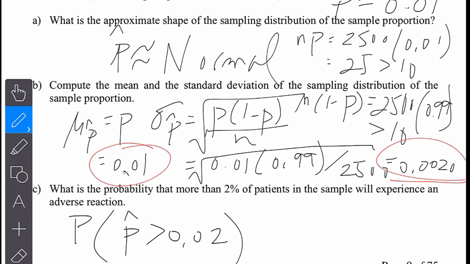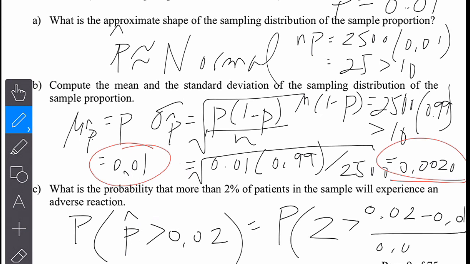So what do I do? I go back to my distribution up here and I use the mean and the standard deviation to standardize. Converting this into the number of standard deviations from the mean becomes a z. So 0.02 minus 0.01 divided by 0.0020. And I hope you can see that.